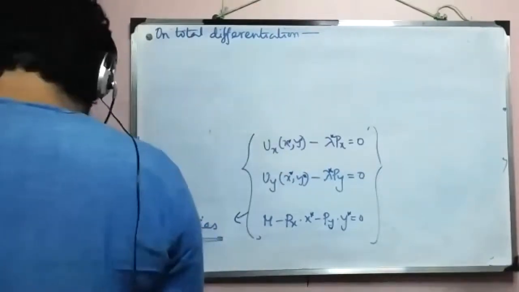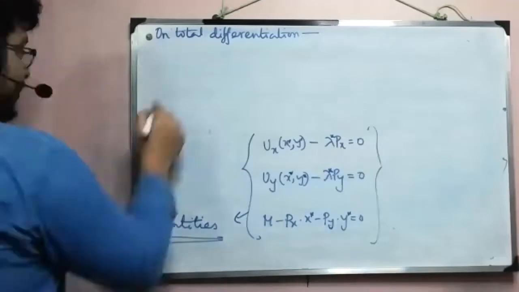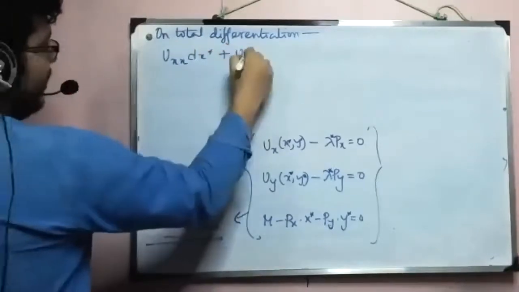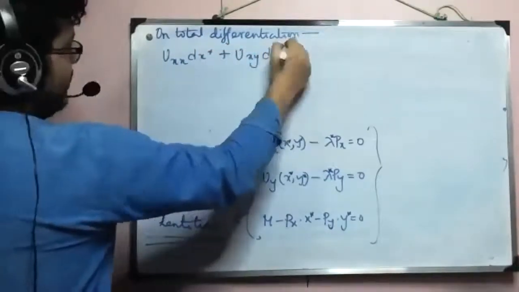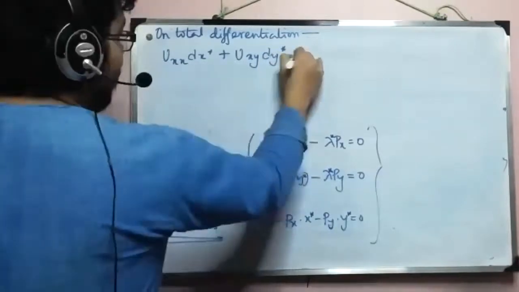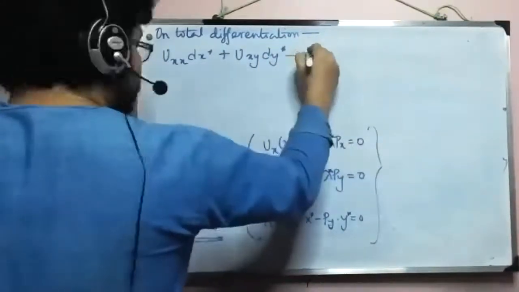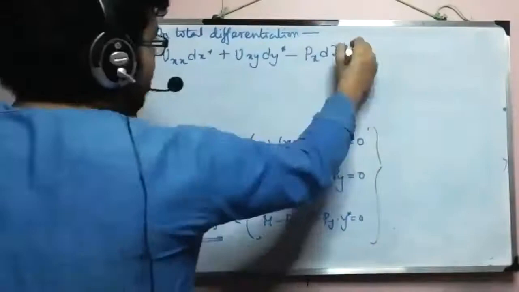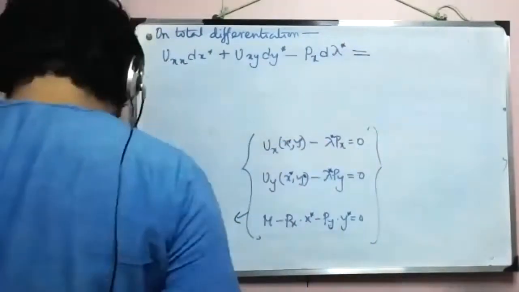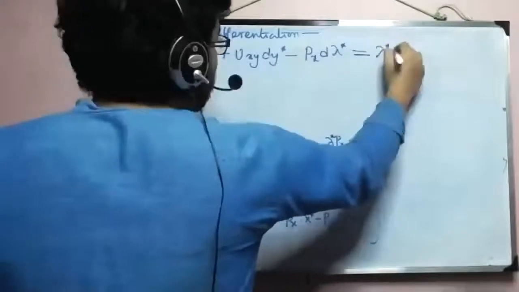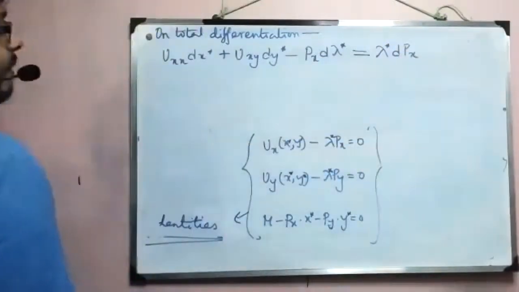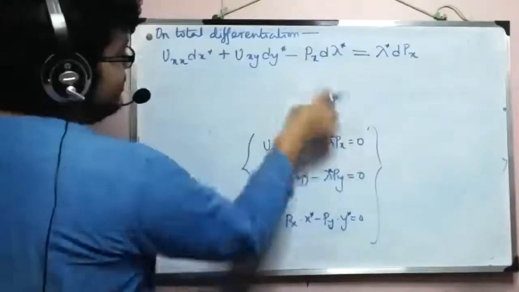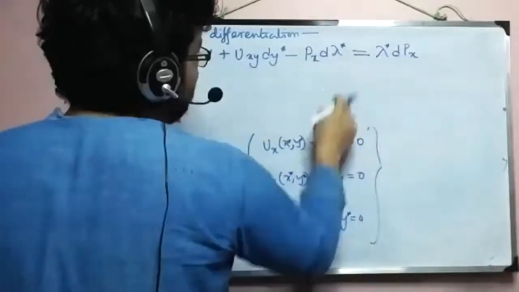So first, if we totally differentiate the first line, then uxx dx star plus uxy dy star, and then minus, okay, so first we are going to take lambda, so that is px d lambda star equal to, so both of them will be minus, so equal to lambda star dpx. Okay, so this will be lambda star dpx plus px d lambda star, both will be minus, so we kept one here and we took the dpx on the other side.